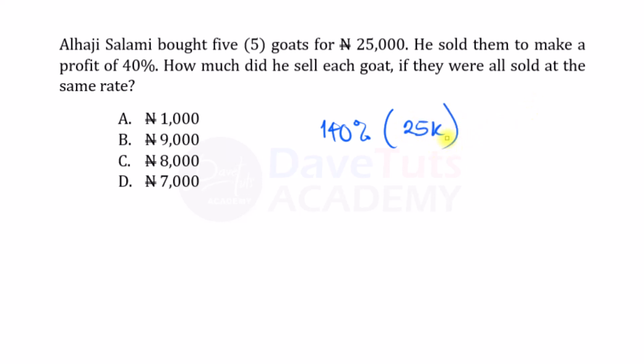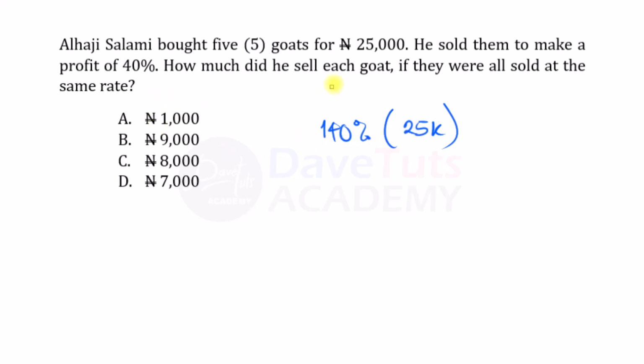Look at how I just simplify all this. His original cost price is going to be 100%. He's now making a profit of 40%. So the total amount that he is going to get is going to be 140% of the amount that he is actually using to buy those goats.